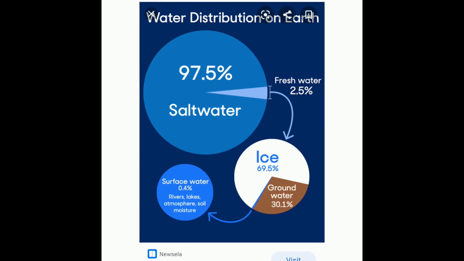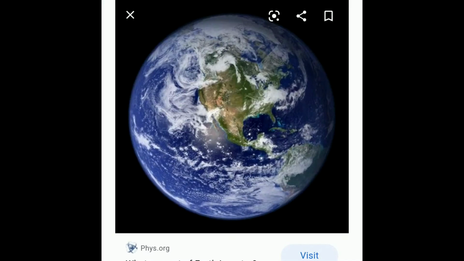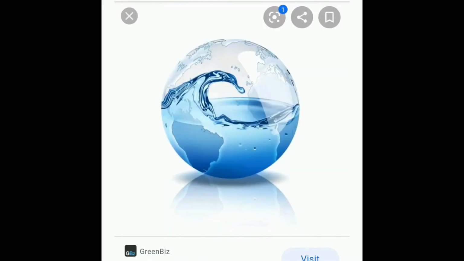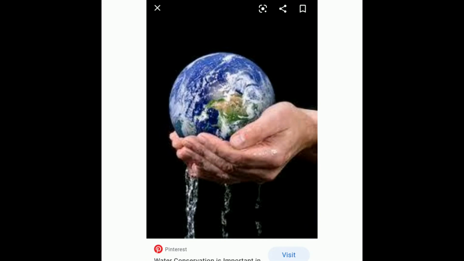It's such an intelligent saying, right? Nearly 99% of water on Earth's surface is not useful to us. So we should conserve this 1% of water, isn't it? We should use water very carefully because there is a very small quantity of water available for our uses.